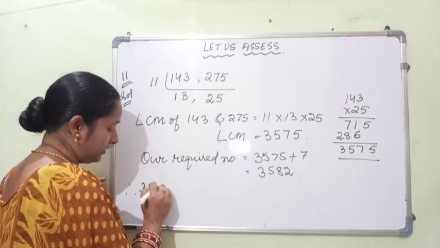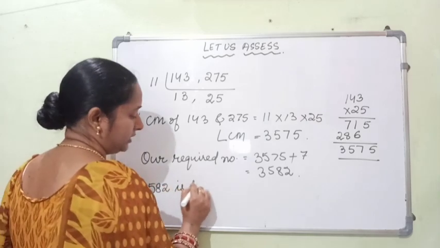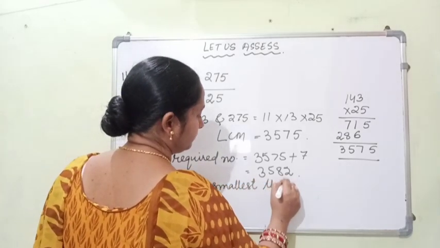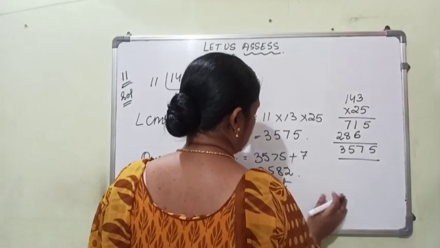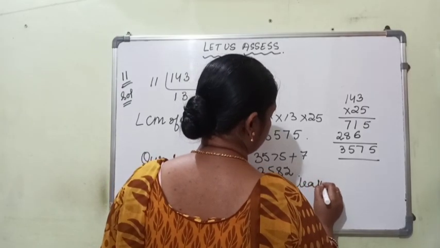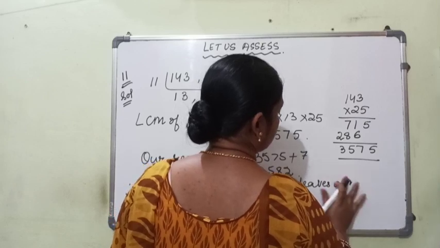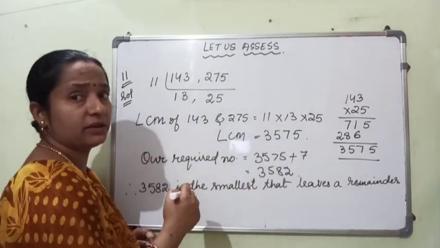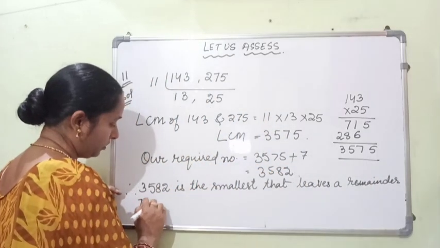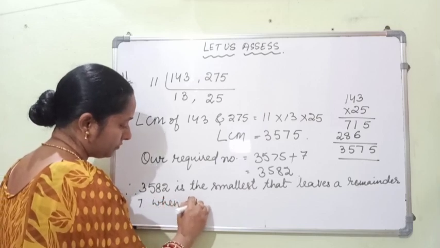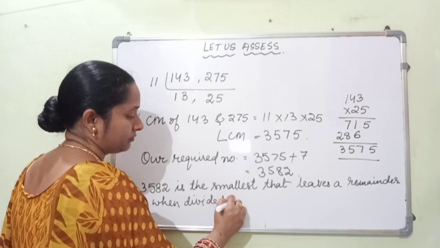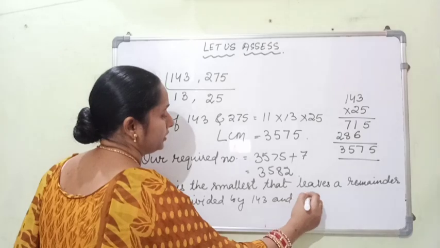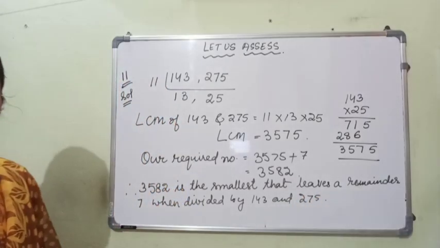Therefore, 3582 is the smallest number that leaves a remainder 7 when divided by, how much? 143 and 275, right? So this is the sum.